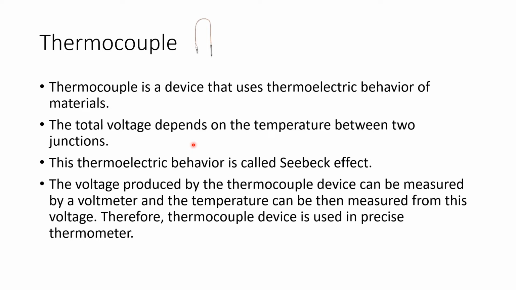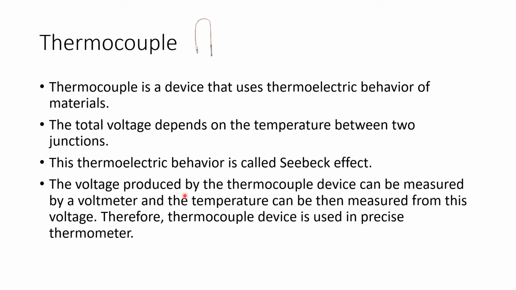And the total voltage depends on the temperature between the two junctions, or two points. This thermoelectric behavior we call the Seebeck effect, and that's just the name of the person who discovered it. We're always dealing with the voltage between two points or two junctions, and one of the devices that we developed using this behavior is the thermocouple.